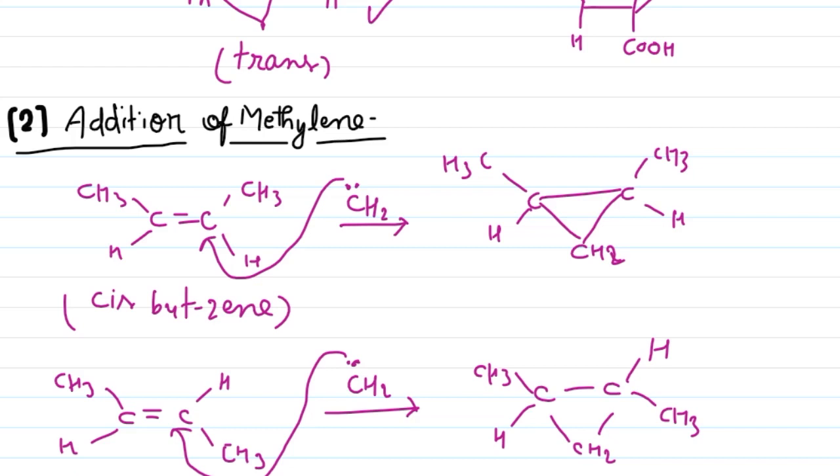Methylene formed by the photolysis of ketone adds to the above substrates in a non-stereospecific way. So, the stereospecificity of the reaction is due to the addition of singlet methylene, which forms both bonds at the same time.